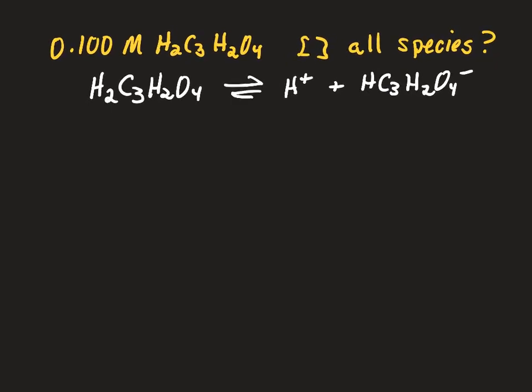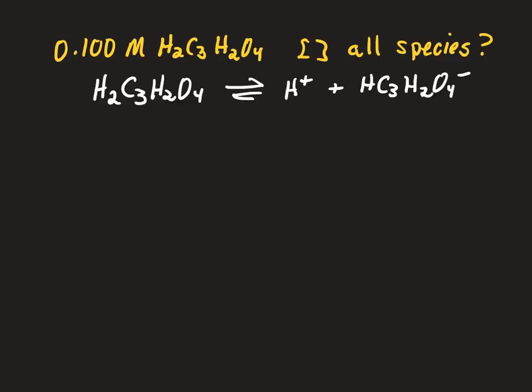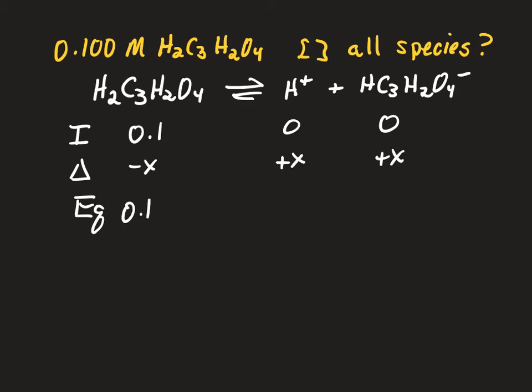And if we do our ICE table, we're going to have 0.1 here, 0 here, 0 here, minus X, plus X, plus X, 0.1 minus X, X, and X. And we said our Ka for this is 1.42 times 10 to the negative 3.